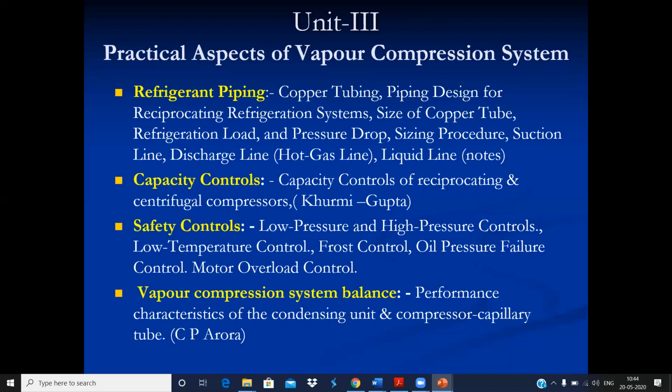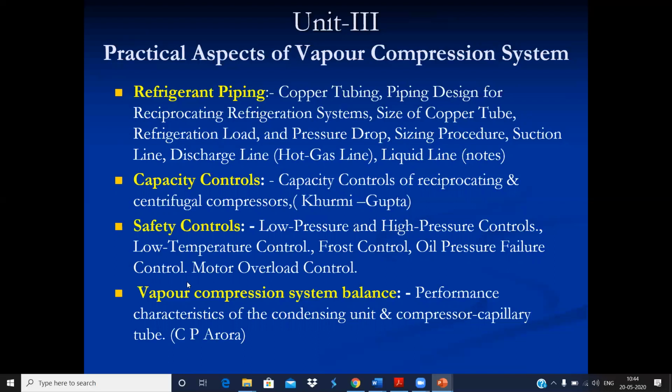Then come the capacity controls, which are especially used in compressors to regulate the cooling capacity of the compressors. In this particular case, we mainly discuss the capacity controls used in reciprocating compressors and centrifugal compressors.